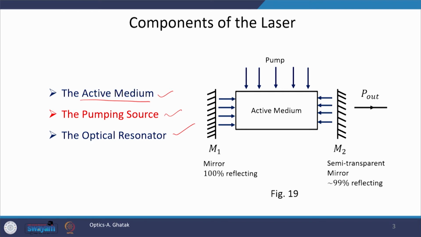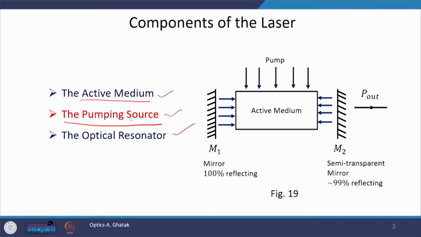The second important component of a laser is the pumping source. Now, we know that in a two level system, to achieve lasing we require population inversion. That means we want most of the electrons or most of the atoms to be in the excited state, or in the upper energy state, and for this we need to provide energy.